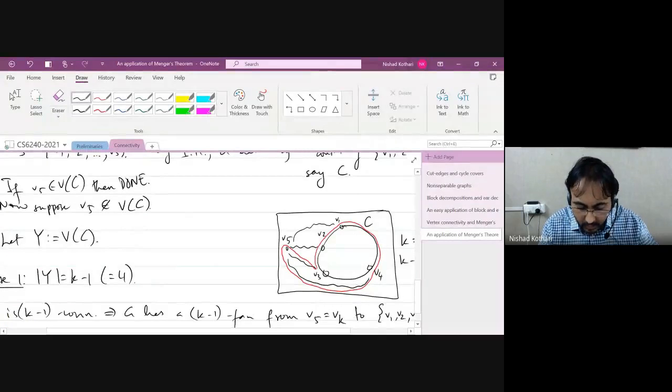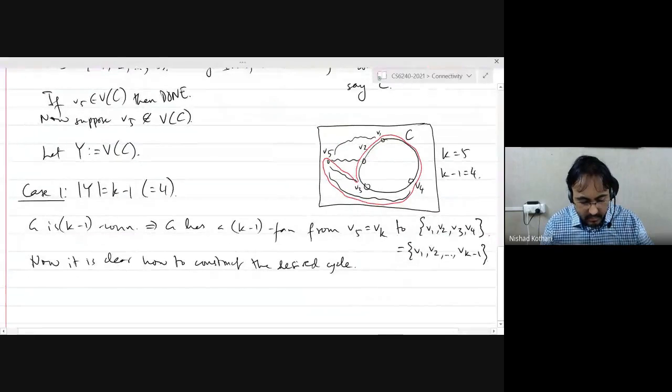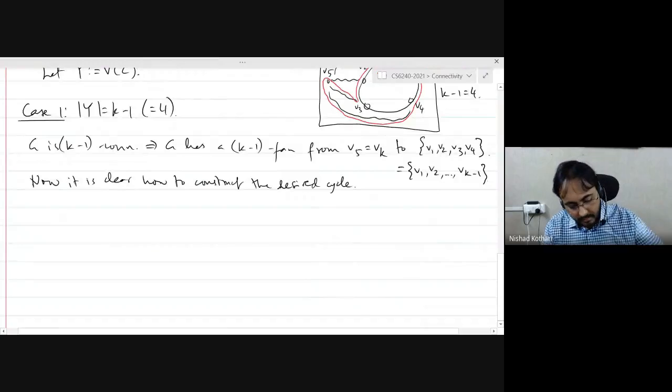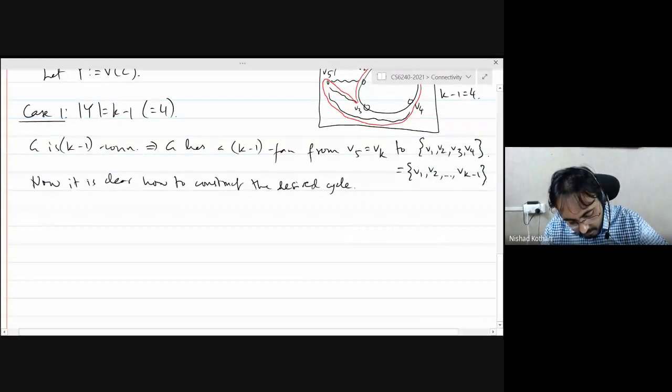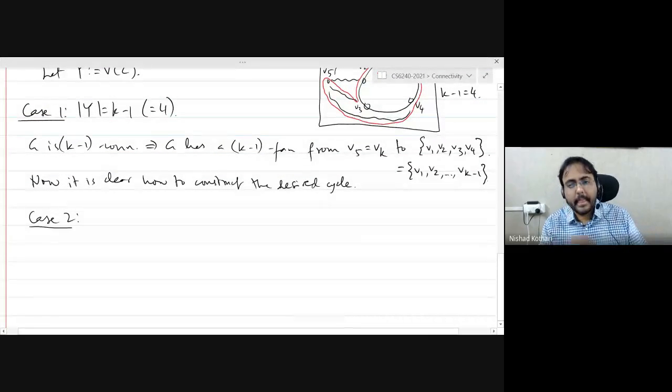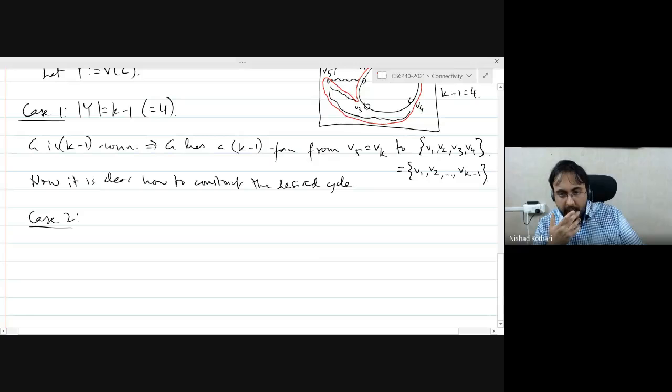Are there any questions or concerns? So in this case, we use the k minus 1 fan to get the job done. But our graph is k connected. So we can actually choose a k fan, and that's going to be useful in the next case.